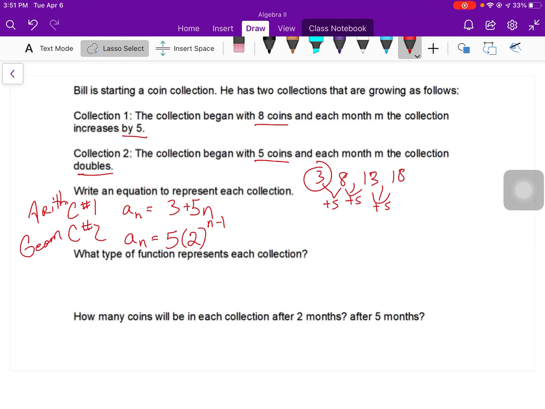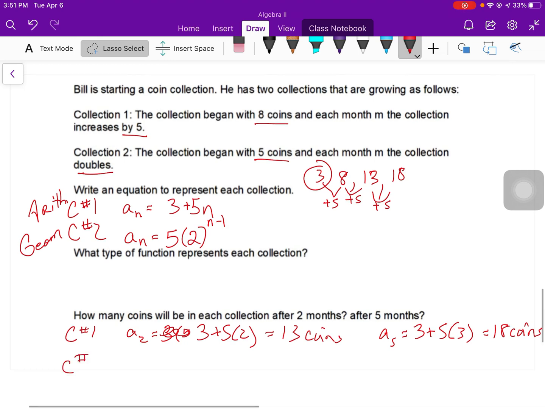So after 2 months, collection number 1, so I put in n is equal to 2. Get 13 coins. After 5 months, I would have 18 coins.